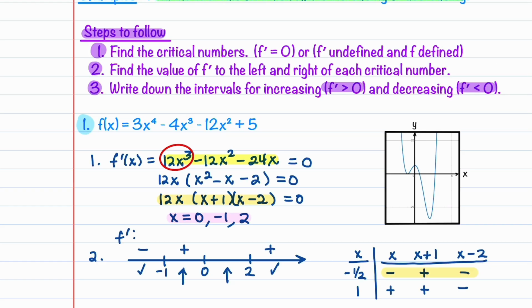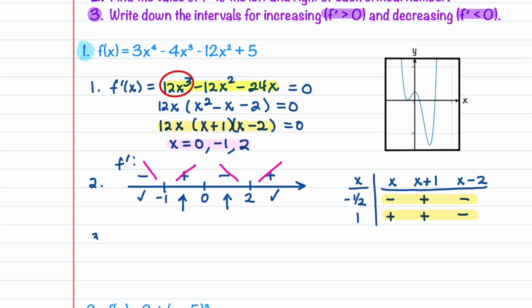And then in the region between 0 and 2, we have a positive, positive, and a negative, so that is going to be negative. I think before we go to step 3 and write down the intervals for increasing or decreasing, I've always found that it helps to draw an increasing or a decreasing line in each interval. So in our leftmost interval, we have decreasing, then we have increasing, decreasing, and increasing.